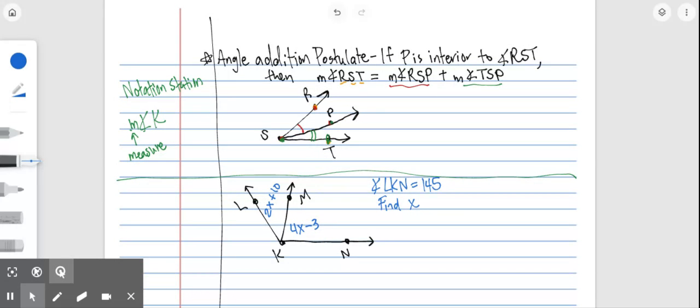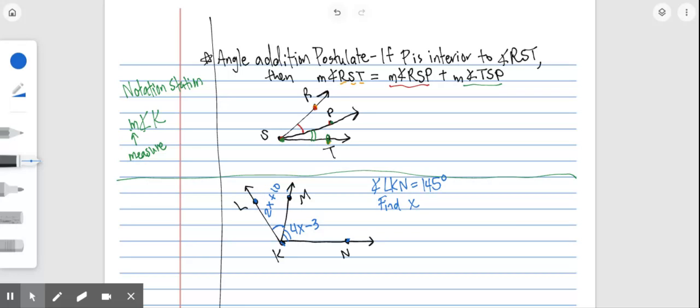Okay, so for this example, I've got some algebraic expressions. I've got a lot of given information. So I know that angle LKM, which is this angle up here, is 2x plus 10. I know that angle NKM, which is this angle down here, is 4x minus 3. I know the whole angle LKN is 145 degrees.